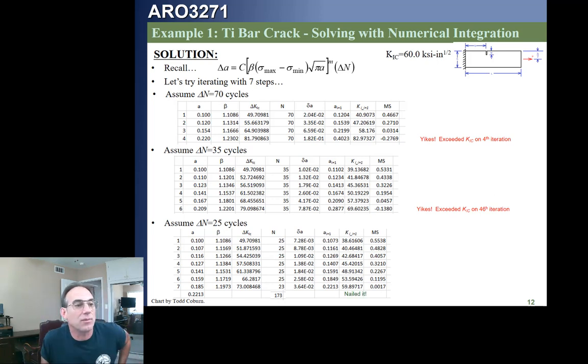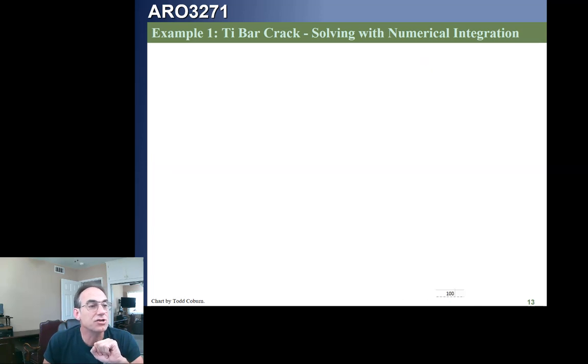This numerical approach thinks that we're good for 173 cycles. Okay? Now, if we were to do this in more detail, this is also a little too large, about 30% too large.